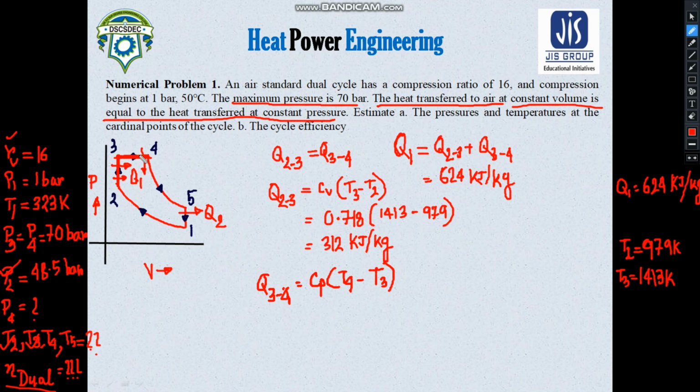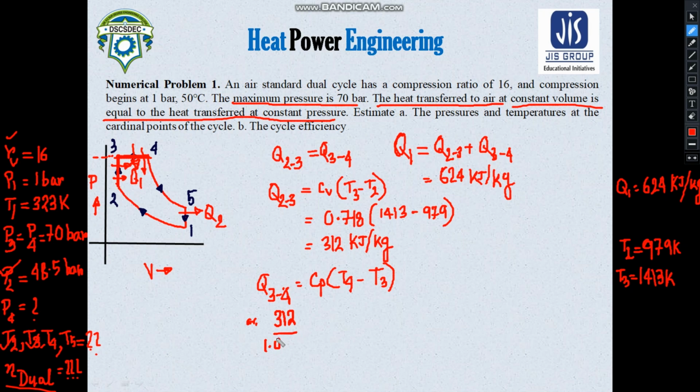So the formula would remain as it is. Q3 to 4 was found to be 312. So 312 divided by Cp. What is the value of Cp here?